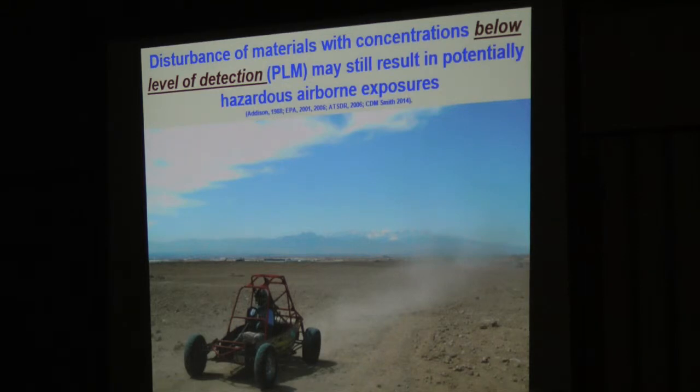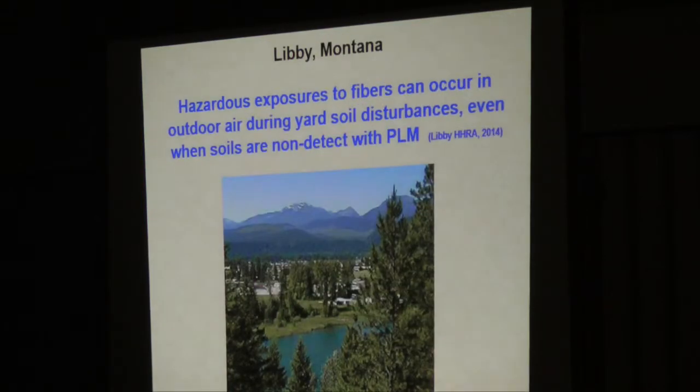Okay, so then we can go to the next slide, and the next slide shows again Libby, Montana. One of the important things they found out in Libby is that hazardous exposures to fibers can occur in outdoor air during yard soil disturbances, even when the soil tests non-detect with PLM.